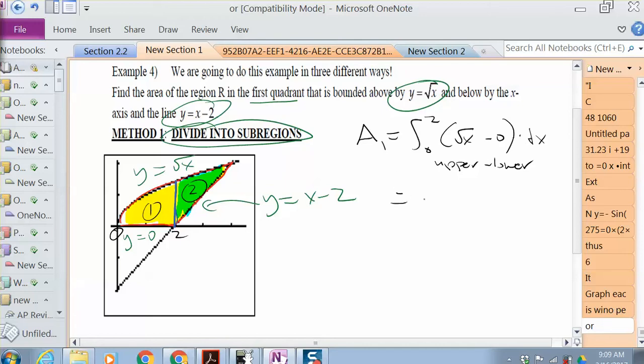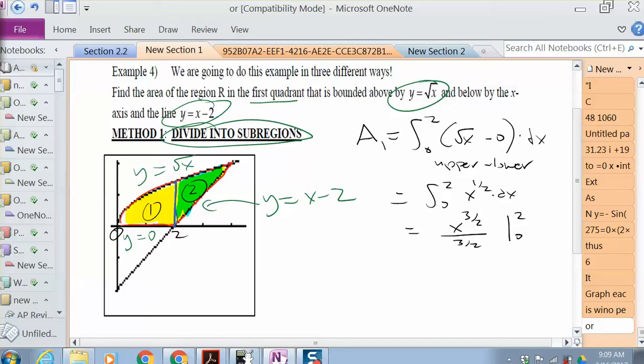So if I do that, remember, root x is x to what power? 1/2, very good. So that's x to the 3/2 over 3/2. Actually, let me make sure I'm doing this right.